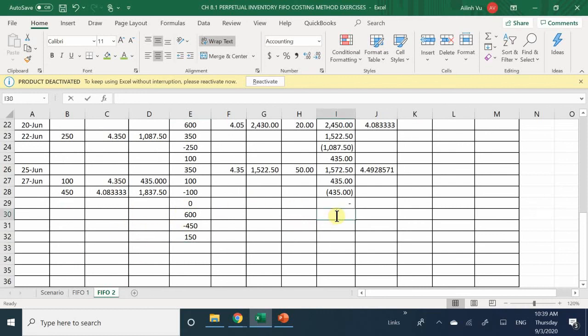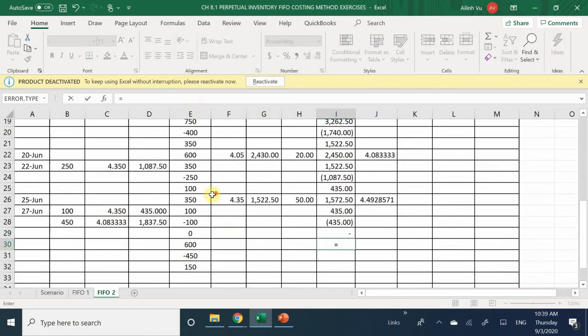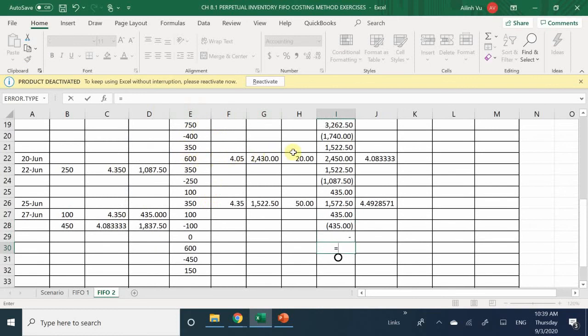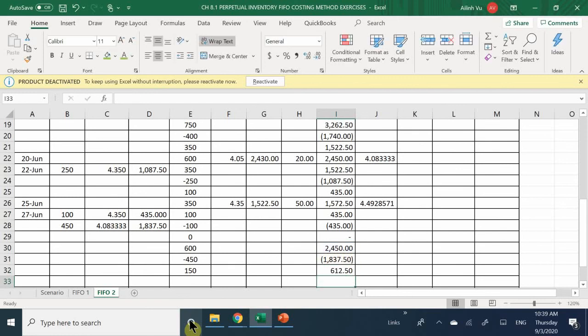All right. Now we're going to have to calculate the total amount here. So my total amount for the 600 was 2450. And how much are we taking out of the 2450? 1837.50, and that's going to give me how much? $612.50.